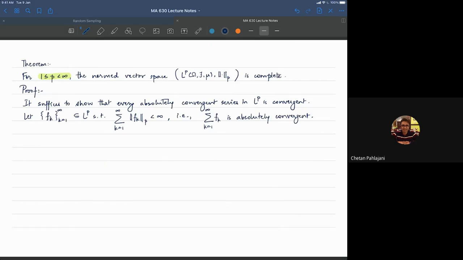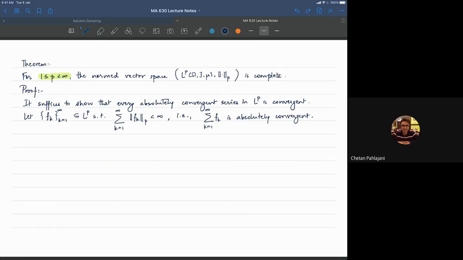So what we know is that this series is absolutely convergent. In other words, if you take the norms of each of the summands and add them all up, you get something finite. But what we want to show is that the series itself is really convergent.